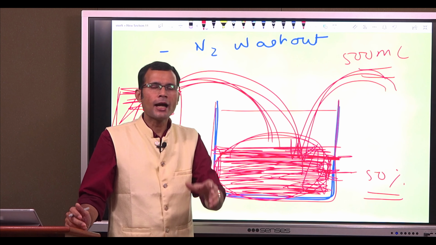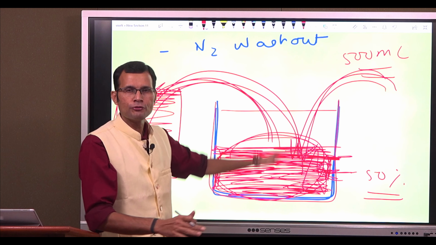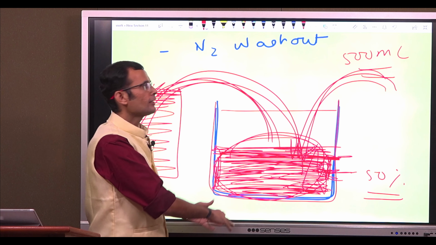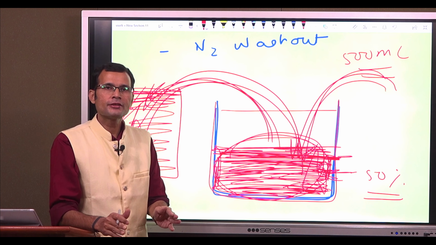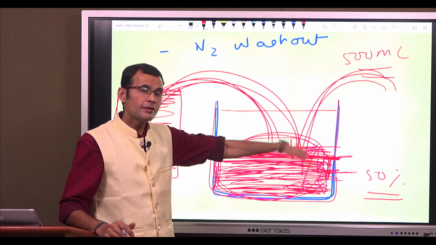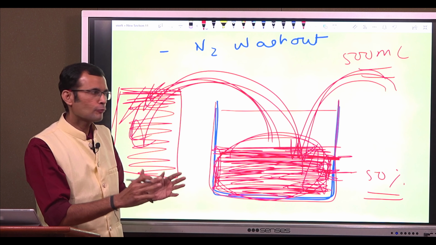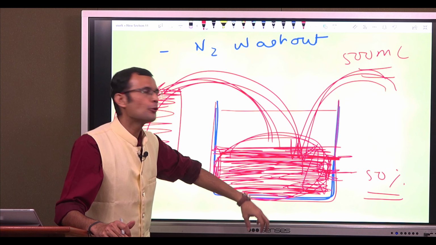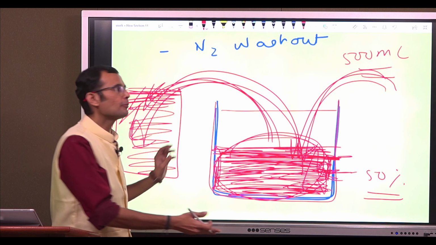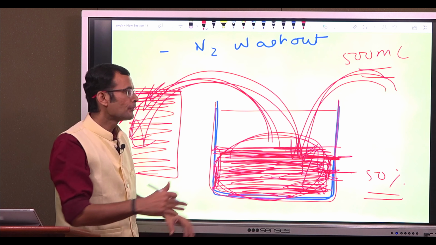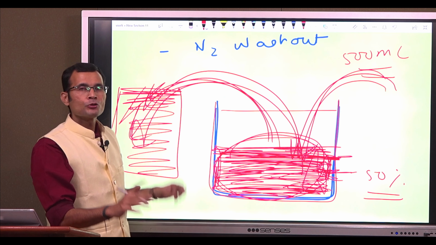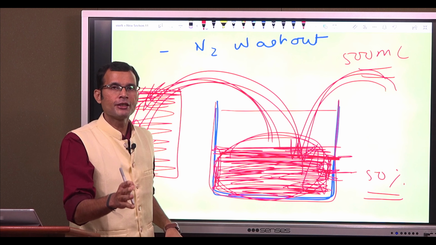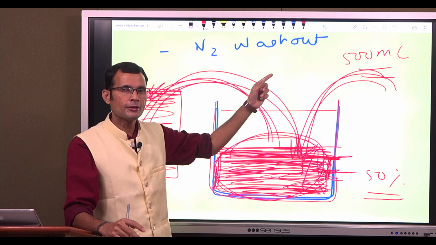This was just hypothetical figures so far. I'll describe the method once again, but just try to understand the principle behind the nitrogen washout method. The oxygen will, with each breath, slowly wash out the nitrogen from the alveoli, from the residual volume, and the nitrogen comes out. So remember, the valve is different compared to the helium dilution method.